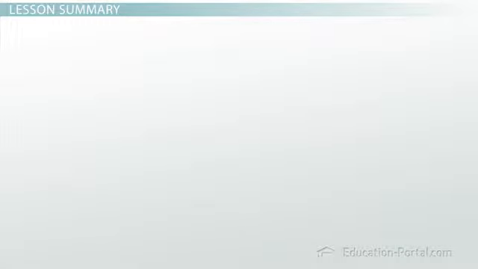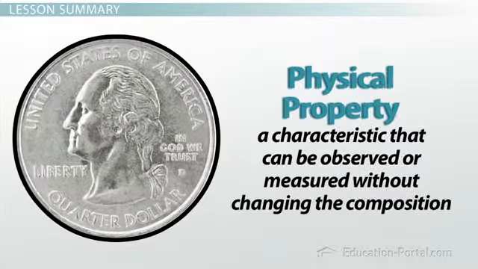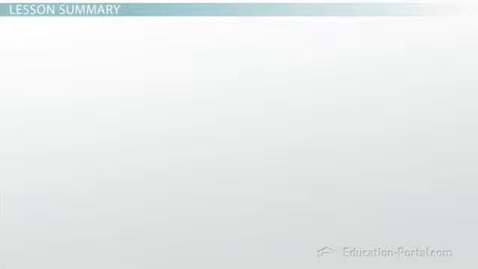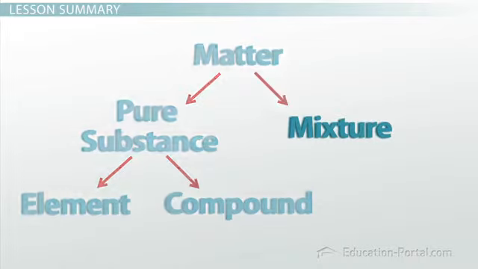So let's put this all together. Matter is anything that has mass and volume. It can be described using physical properties and chemical properties. Physical properties can be determined without changing what it's made of, and chemical properties can only be determined by changing its composition. Matter can be divided into two main types: mixtures and pure substances.